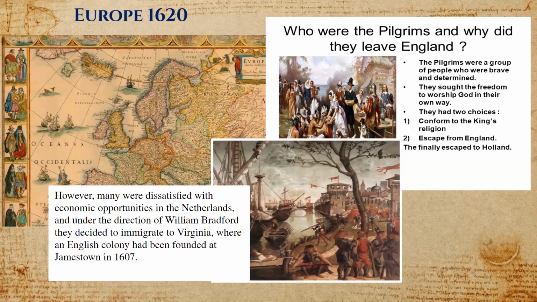So they decided to escape, not to betray their religion, and they escaped to Holland. However, many were dissatisfied with the economic opportunities in the Netherlands, and under the direction of William Bradford, they decided to immigrate to Virginia, where an English colony had been founded at Jamestown in 1607. So in 1620 they decided to move, to immigrate to the New World.